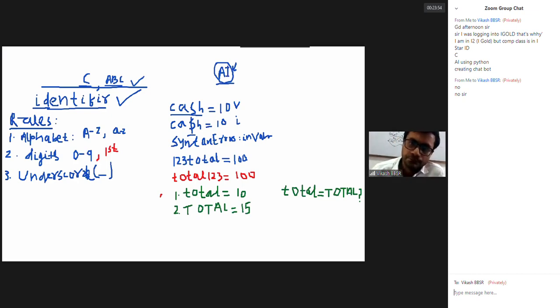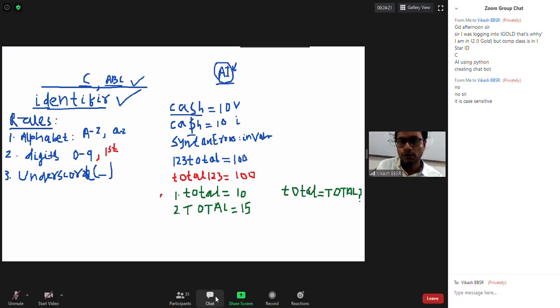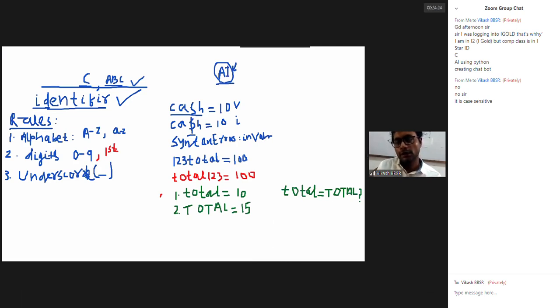No. Why? Reason? So it is case sensitive. Although their pronunciation is the same, they are not the same variable because they are written in different letters. One is written uppercase, another is lowercase, so it is case sensitive.